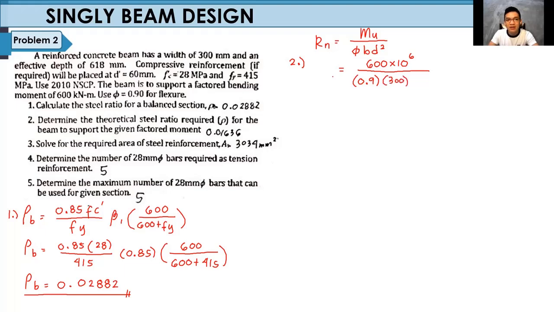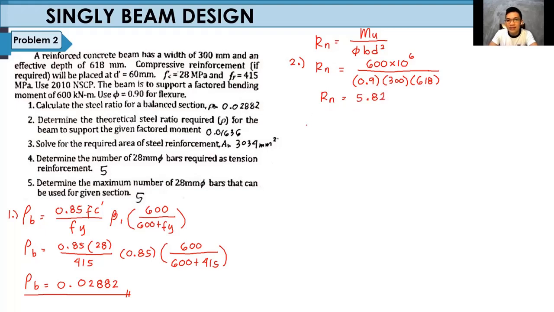Then, depth natin or effective depth. Or actually, yung binigay na sa atin. Hindi yung total depth yung binigay, which is dapat minus pa tayo ng clear cover. So, dito, effective depth na talaga yung binigay. So, therefore, purely substitution. 618. Yan. Okay? So, therefore, that is our Rn. Therefore, by using our calculator, yung ating Rn is equivalent to 5.82.